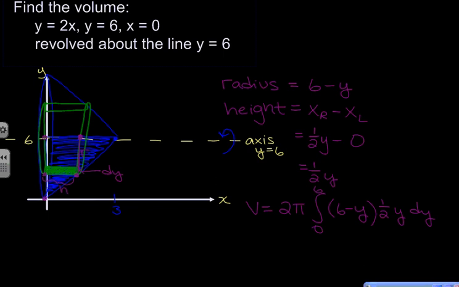Okay, so there's our setup, and then you'll of course distribute and you'll integrate, and once you evaluate, you should end up with the answer of 36 pi.